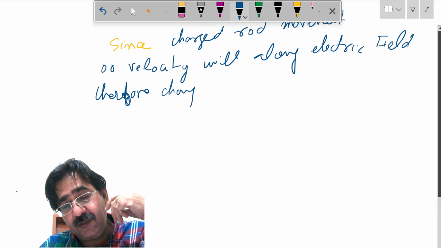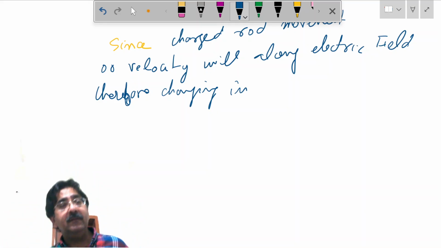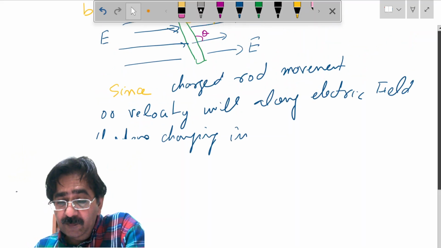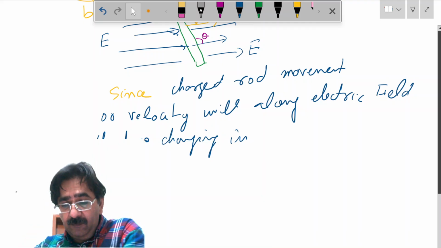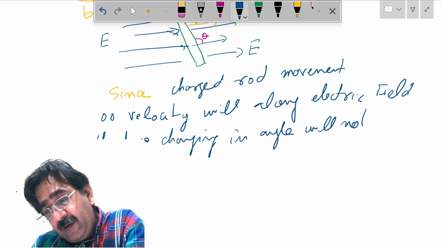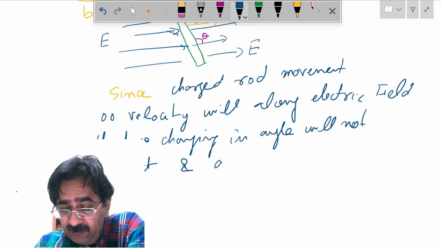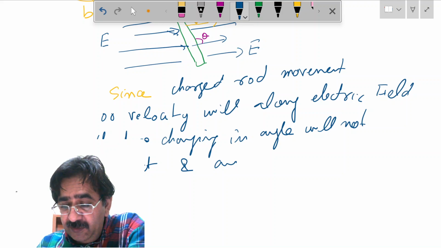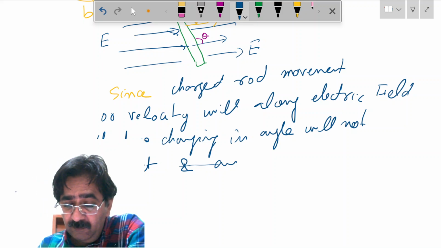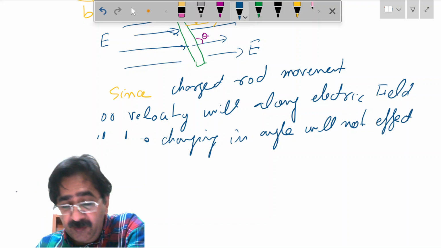changing the angle will not affect. Why?